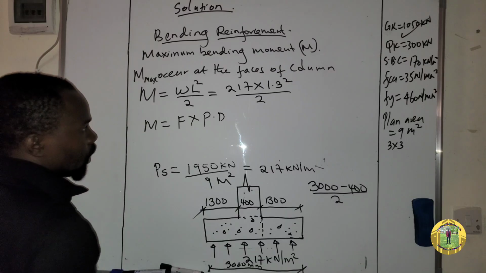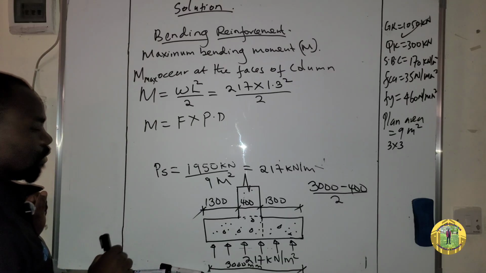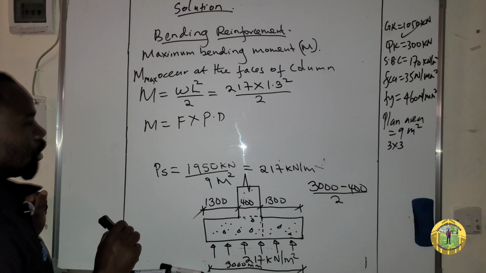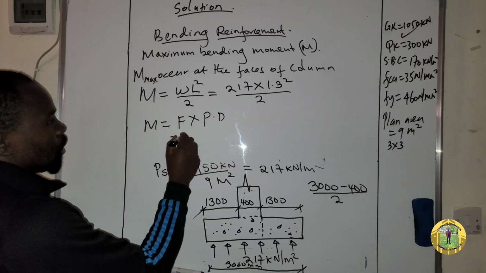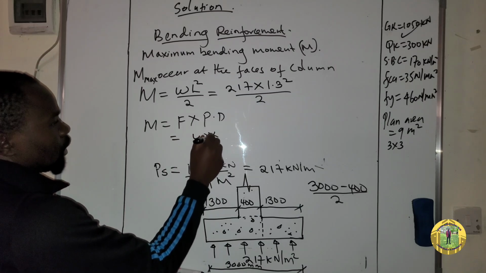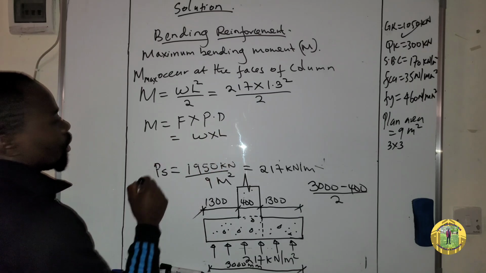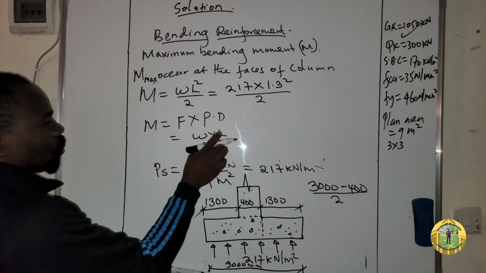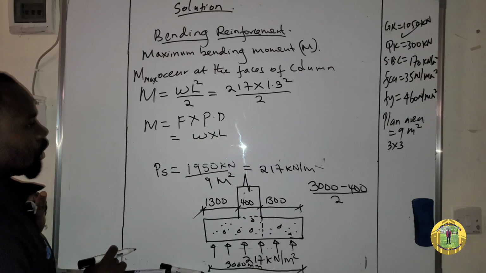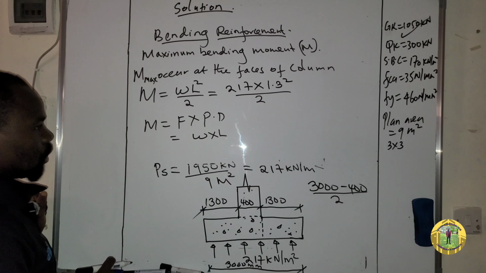But since it is a UDL, you have to change it first into a point load. So you will multiply, so it will be W times L. By doing so, you have changed it into a point load.